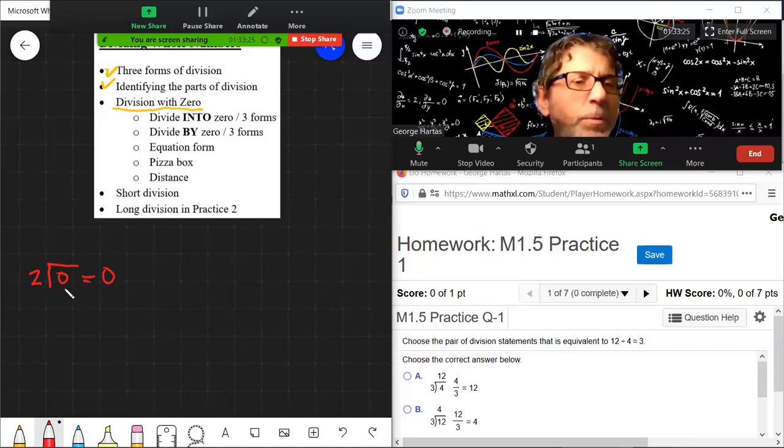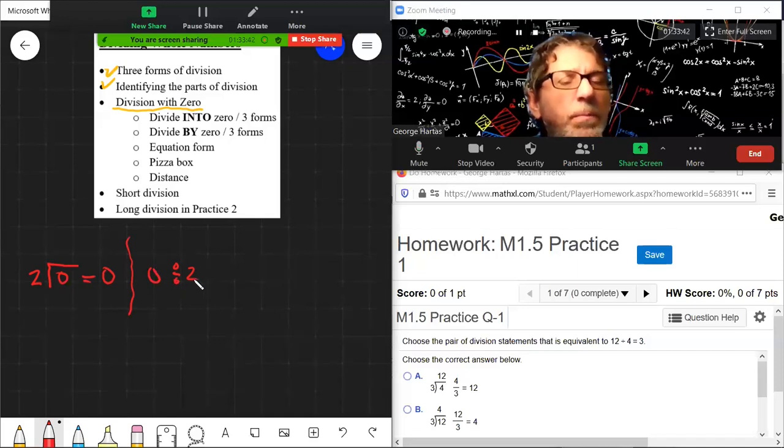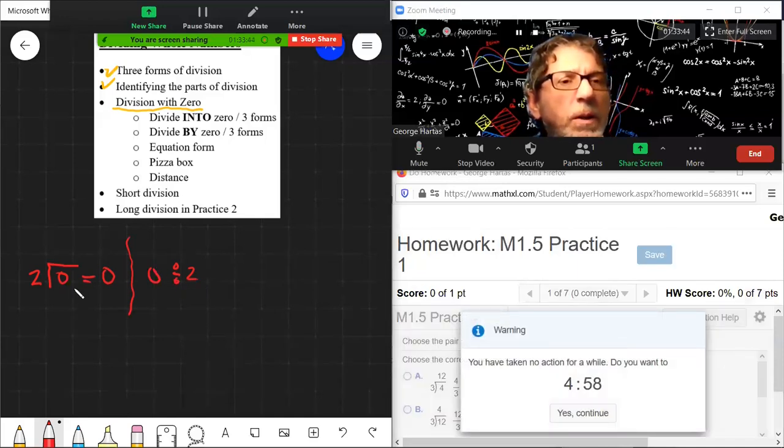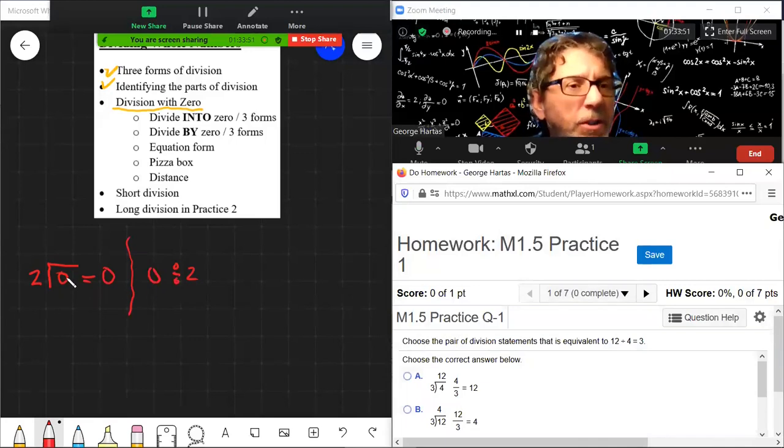So that's one way to represent it. Another way to represent it is 0 divided by 2. Okay, 0 divided by 2 is 0.